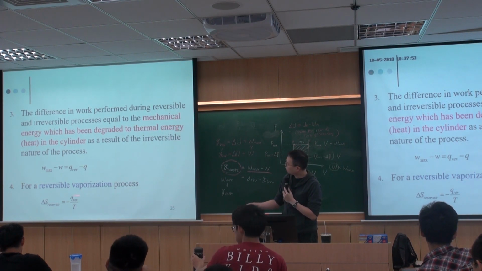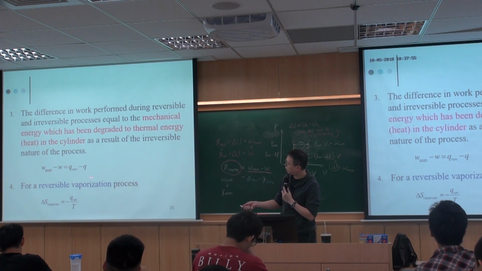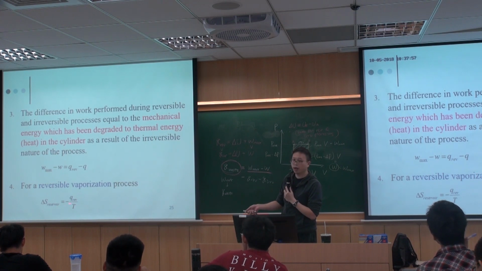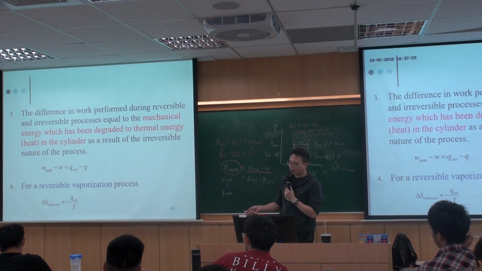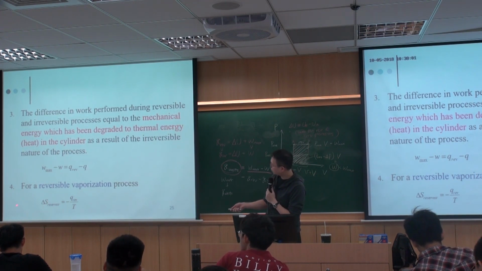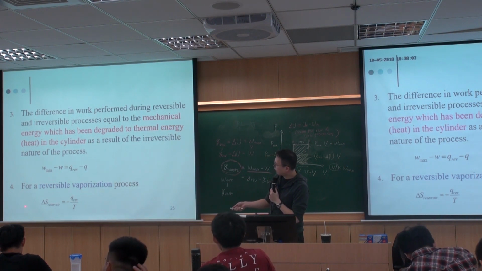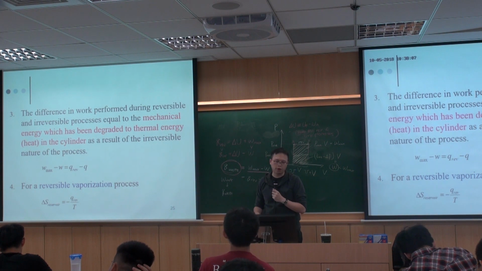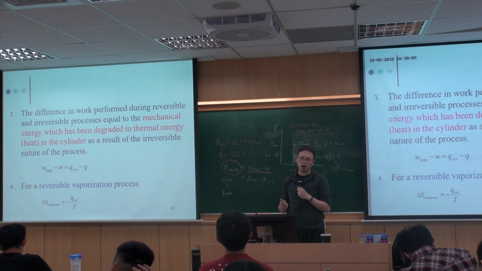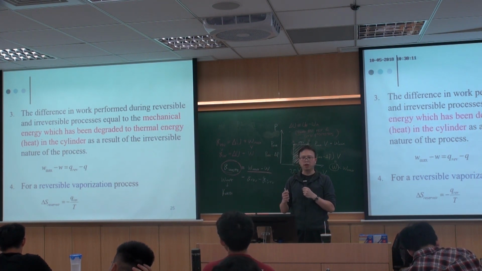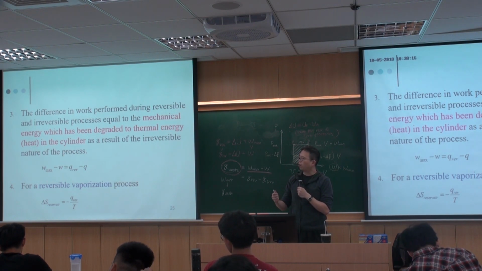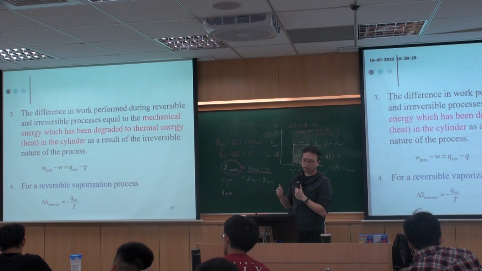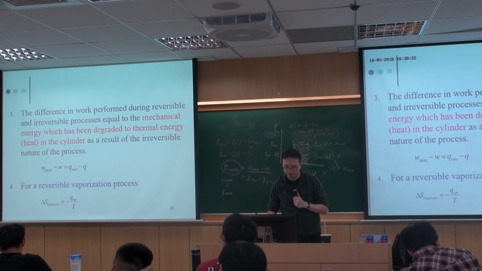And for a reversible vaporization process, therefore, we can define, again, the change of entropy as something like this. And you'll see that this is the delta S of reservoir. This is a very common trick that when we talk about the change of entropy, we'll discuss the change of entropy for the heat reservoir and the change of entropy for the system at the same time.